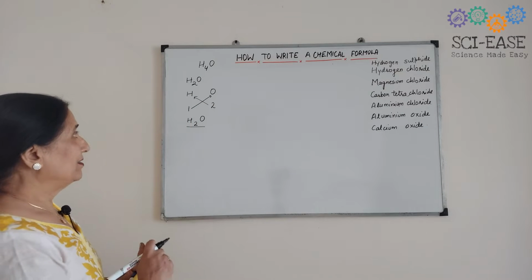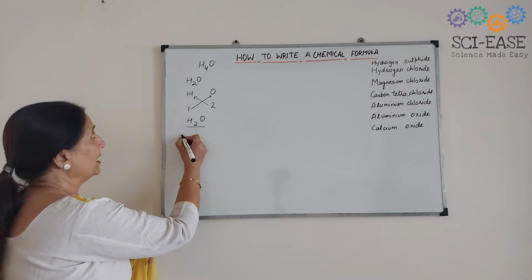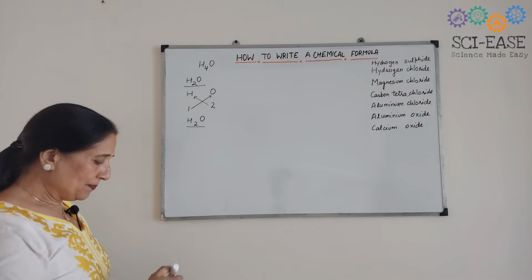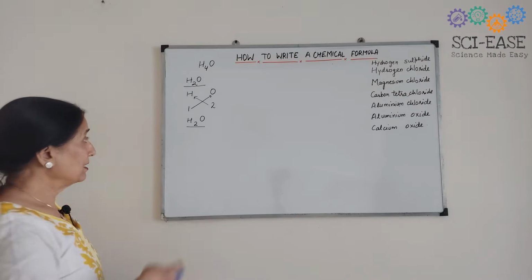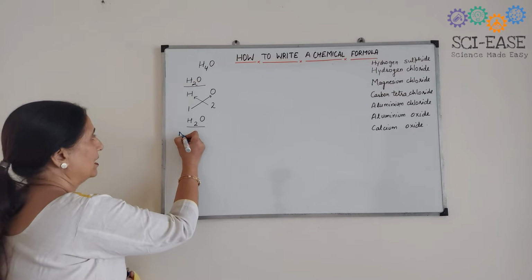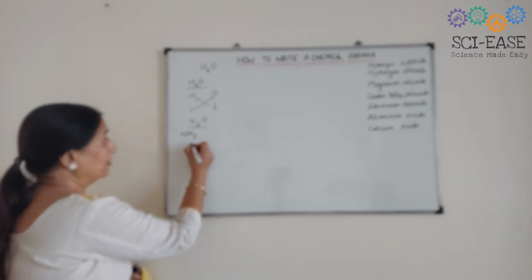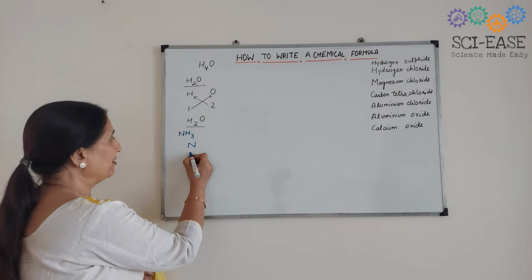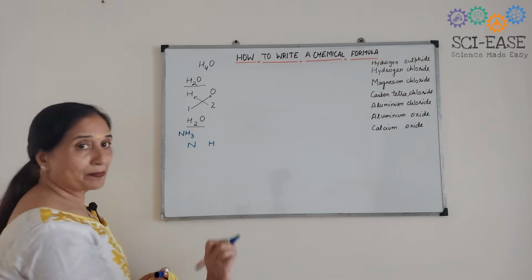Now next we will take ammonia. Okay, next compound we will take, that is ammonia. Ammonia has the formula NH3. How it will come, I am going to explain. Nitrogen has valency 3. Okay, nitrogen and hydrogen elements are present.